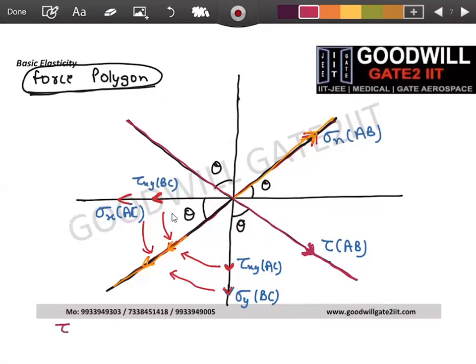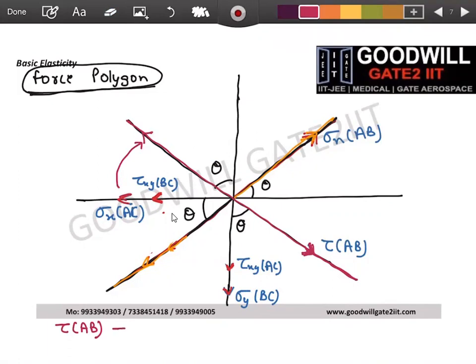So I'm saying tau into AB is the stress which is going down. Now I need stresses in these directions. Now can anyone help me? Can I say this sigma x will be resolved in this direction as sine component with a negative sign?